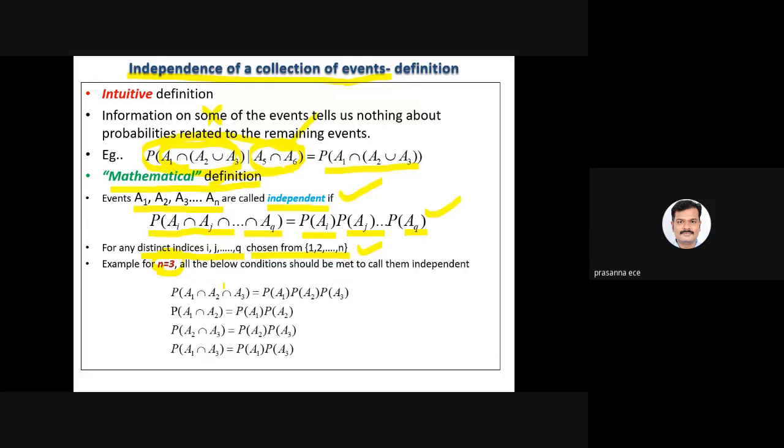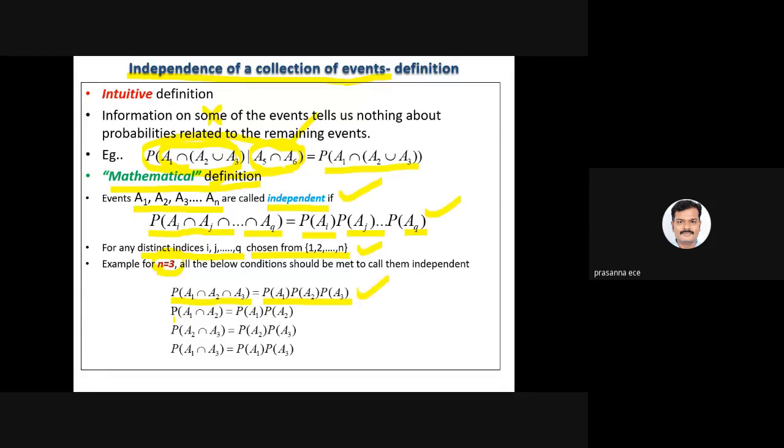If we consider 3 events, they are independent only if they satisfy all these equations. P of A1 intersection A2 intersection A3 should be the product of P of A1, P of A2 and P of A3. So it should satisfy this condition.